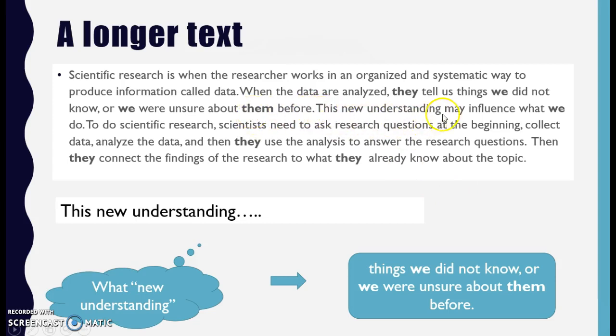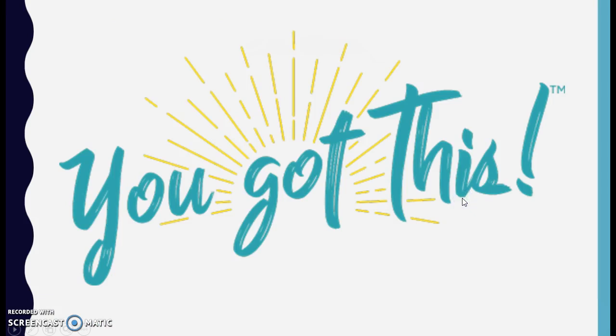Do I understand expressions or phrases like this new understanding? And if not, stop, go back, consider what it's referring to help you better understand. Yep, you got this. So it's now time for you, when you're reading on your own, to pay attention to those pronouns and those phrases and what they refer to.